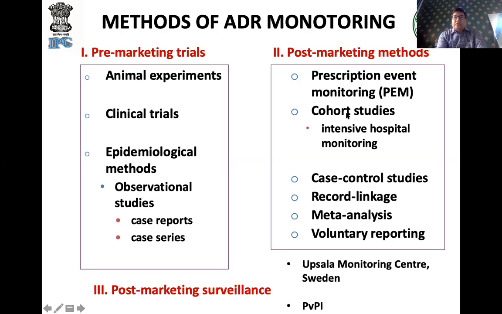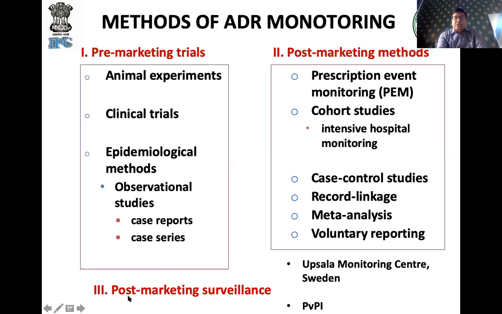Then we have certain cohort studies, such as hospital-based monitoring of the ADRs. Then we have case-control studies or record linkage. Then the meta-analysis of different studies. Then the voluntary reporting of the ADRs by the patient or their attendants to the companies or to the adverse drug reaction monitoring center.